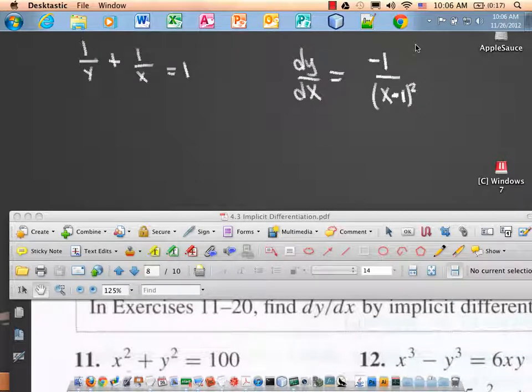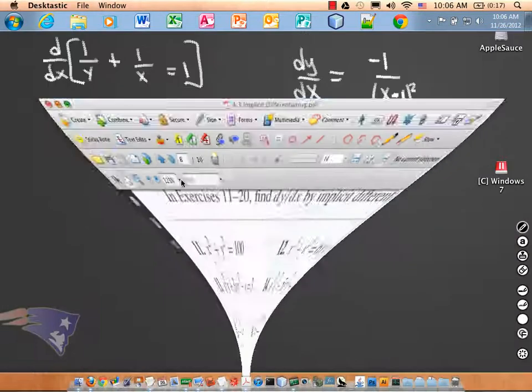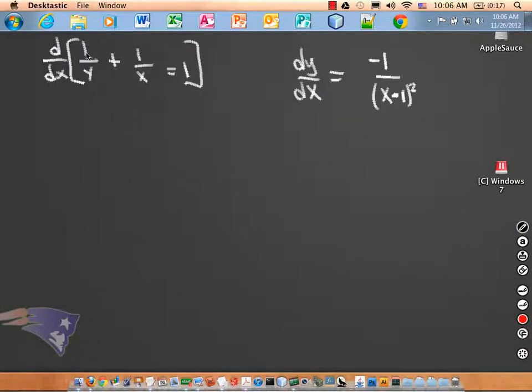Did anybody get an implicit form? Did everyone get this? Okay. So here's what we do. We take the derivative at the beginning. Focus just on this. What rule do we have to use here? Quotient rule.